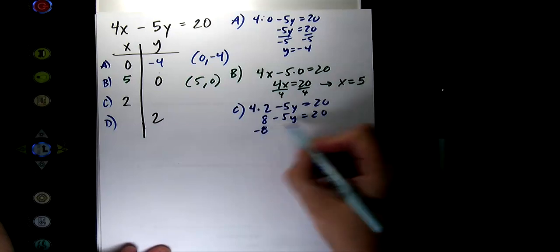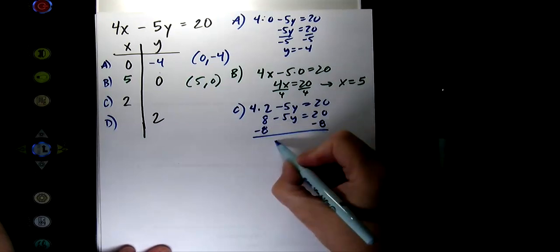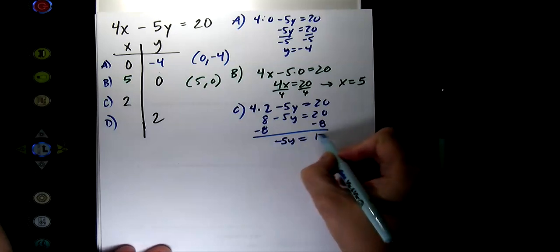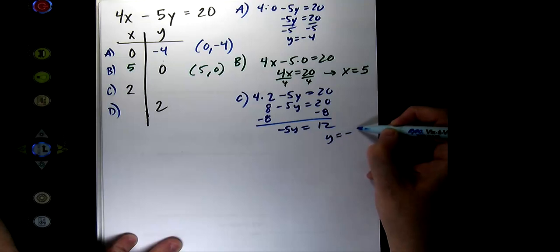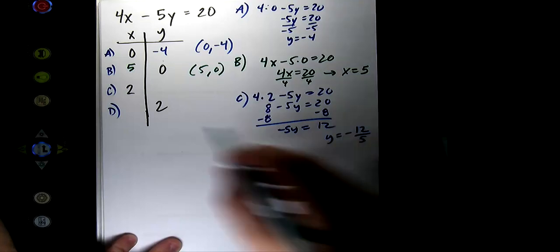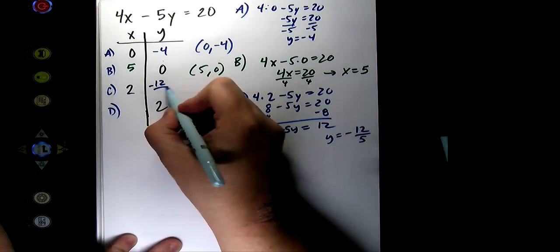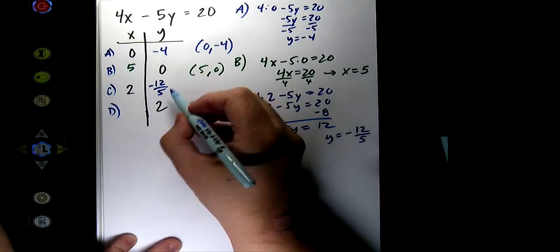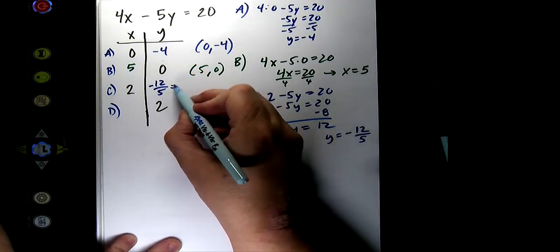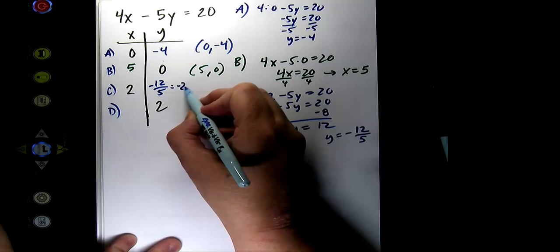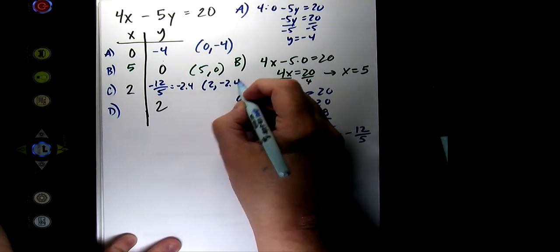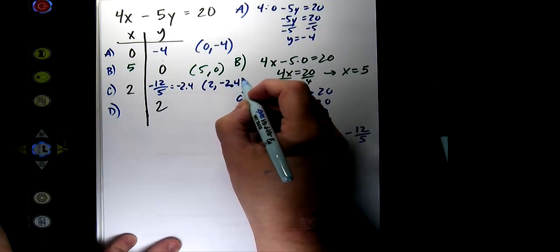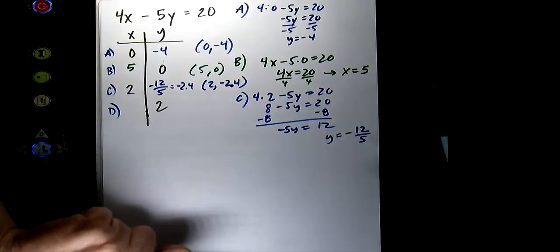This is gonna be ugly. Negative 5y equals 12. And divide by negative 5, I get negative 12 over 5, which is negative 2.4. Negative 2.4 might be a little bit easier to graph, so I'll put it like that.